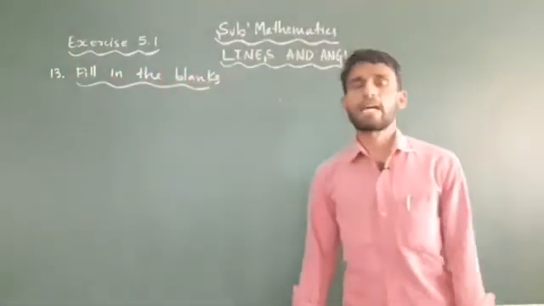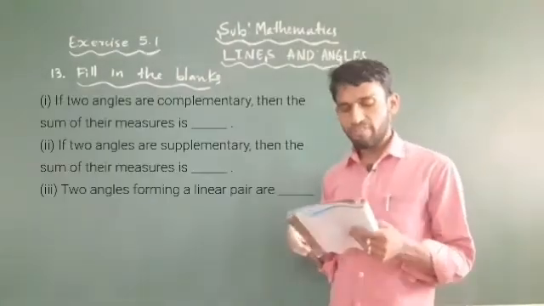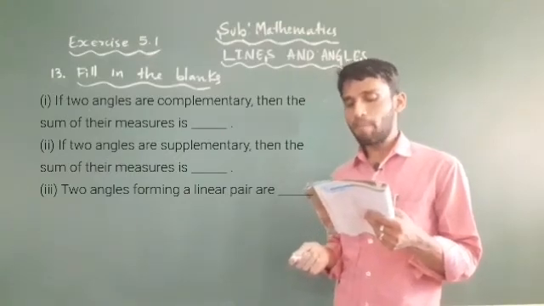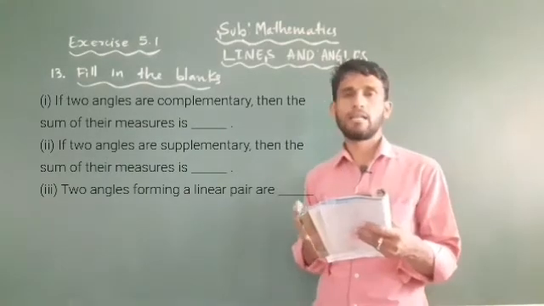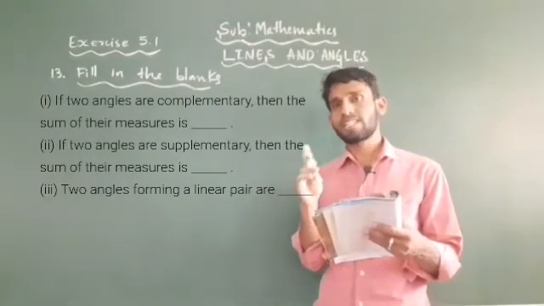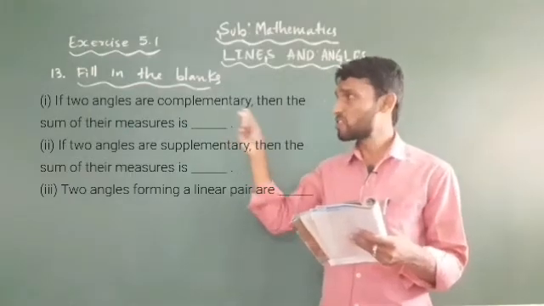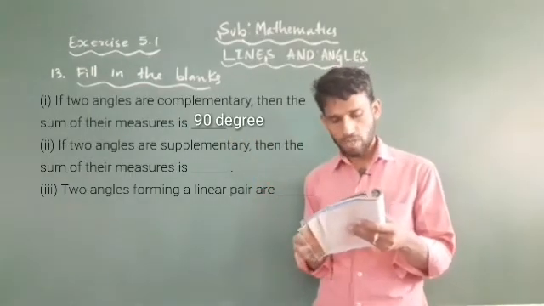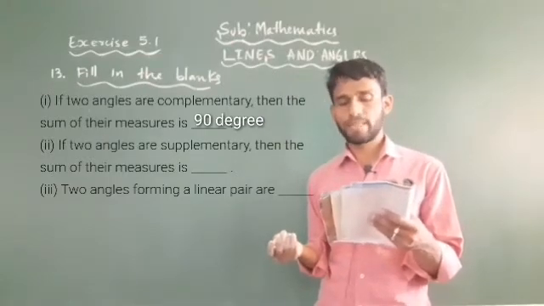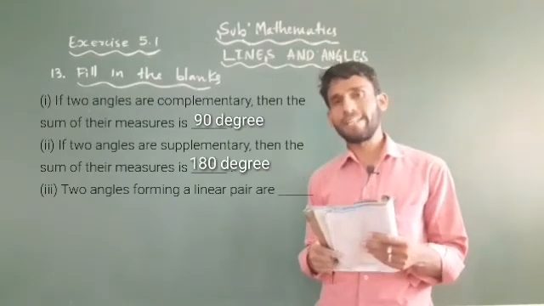First question: if two angles are complementary, then the sum of their measures is... We know the total sum of complementary angles is 90 degrees. So the first answer is 90 degrees. Next, the second one: if two angles are supplementary, then the sum of their measures is how much? 180 degrees.